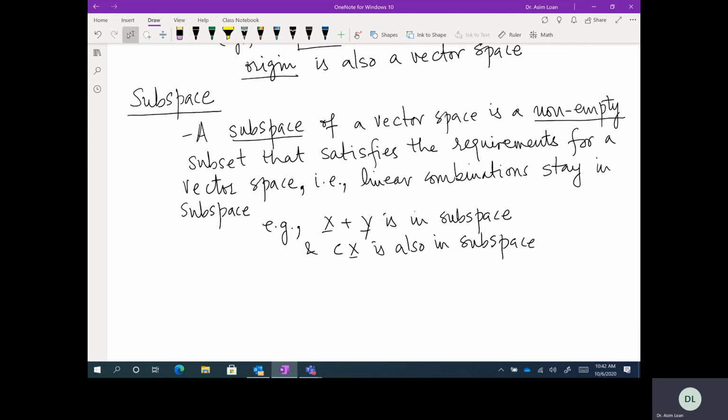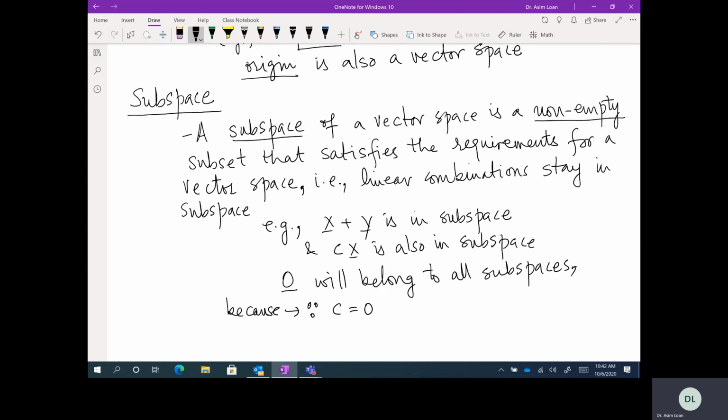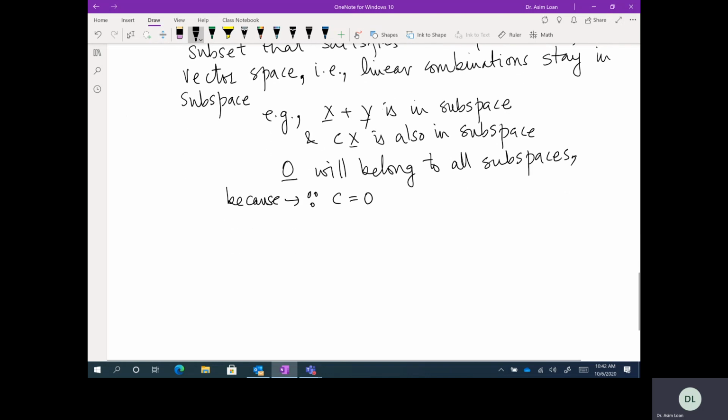And what I've been telling you all along, 0 will belong to all subspaces, because C equals 0. Okay.